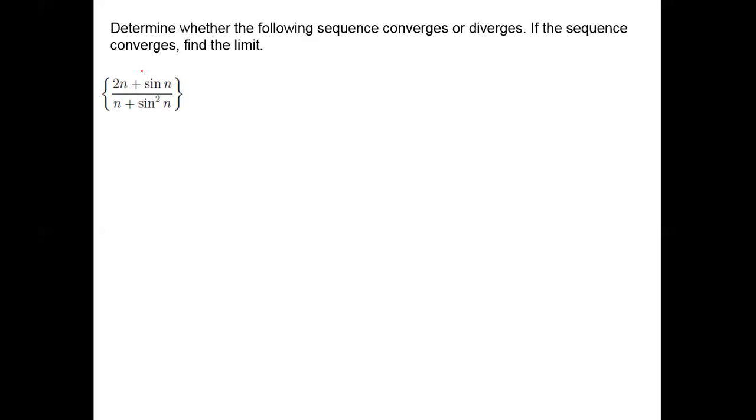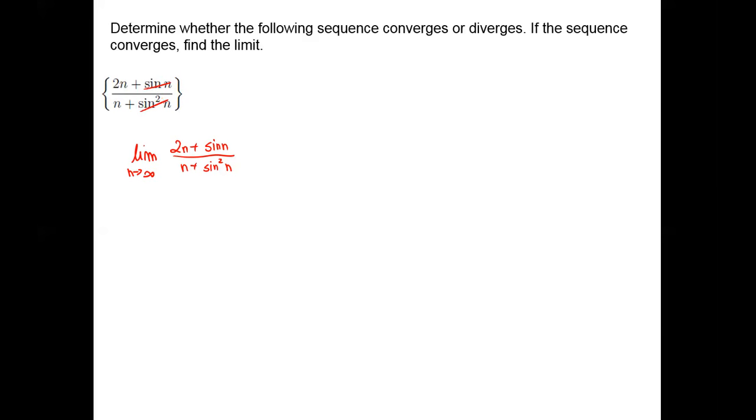Okay, we do have a sequence: 2n plus sine of n over n plus sine square of n. For this one, in order to compute the limit, we may use the squeeze theorem. And I will compute the limit of 2n plus sine of n over n plus sine square of n. Some of you probably see right away that the functions sine of n and sine square of n have small values.